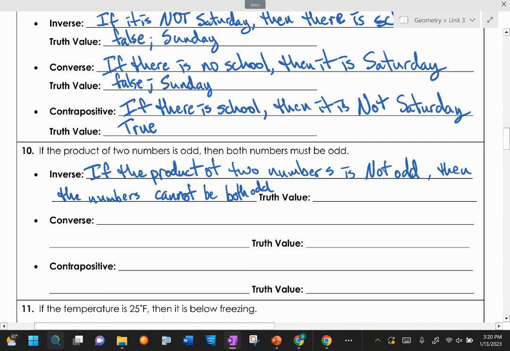Okay, the truth value of the inverse. I think it's true. Let's talk about it. How about true? What's your counterexample?